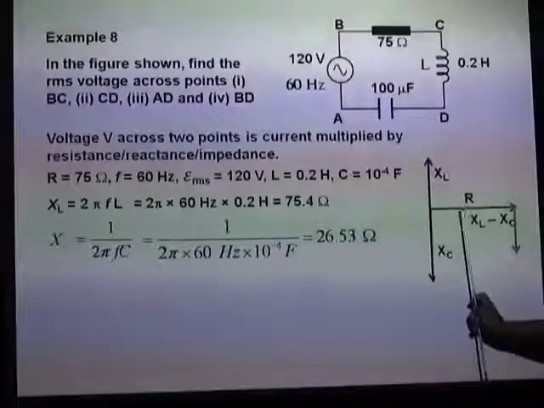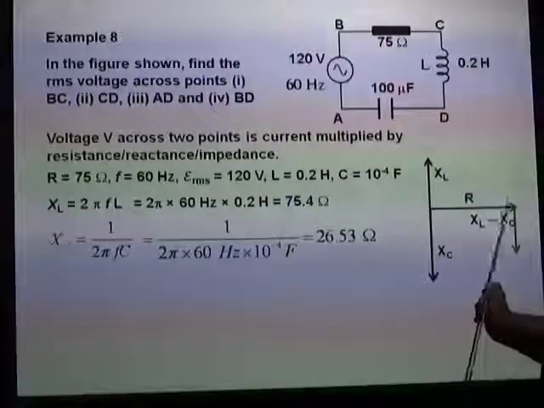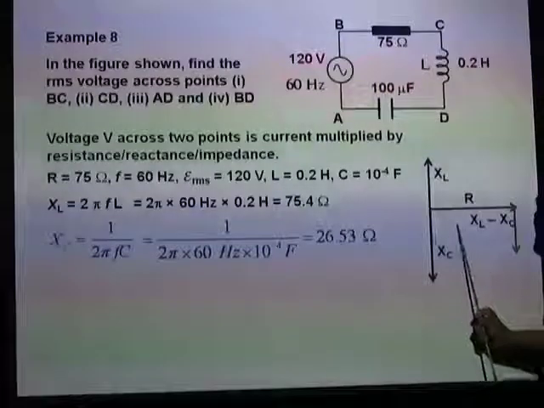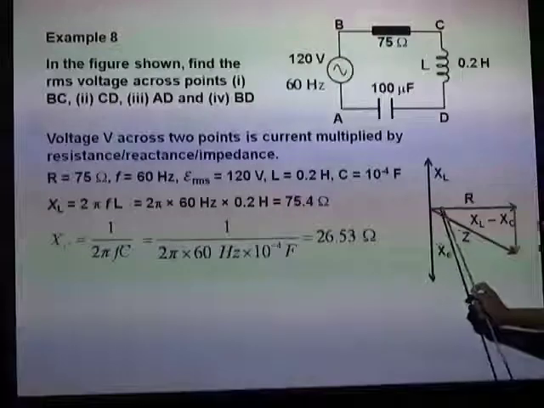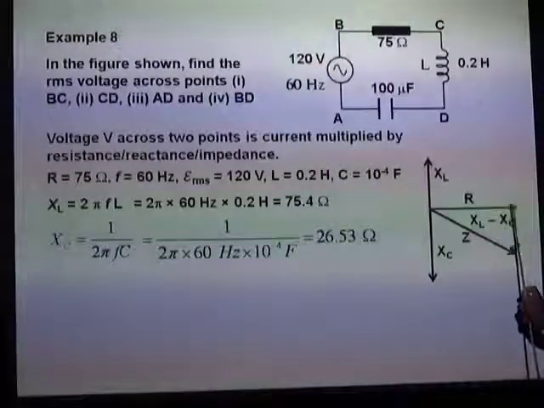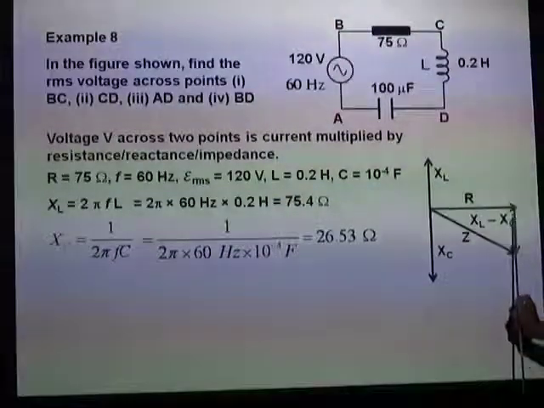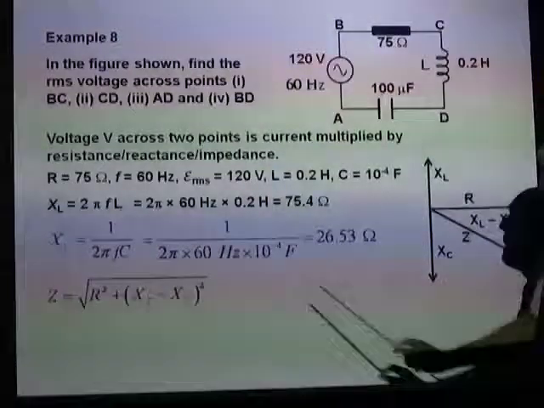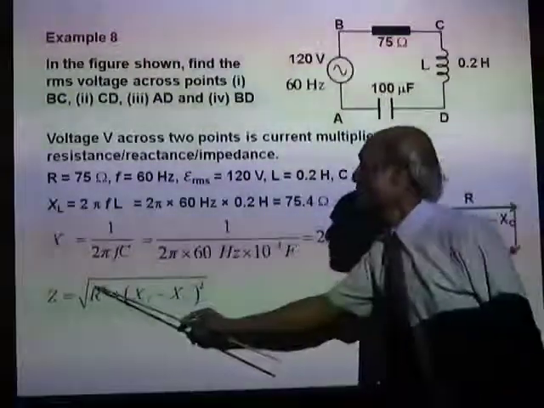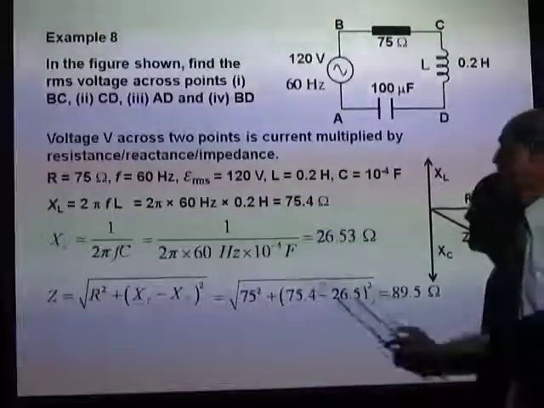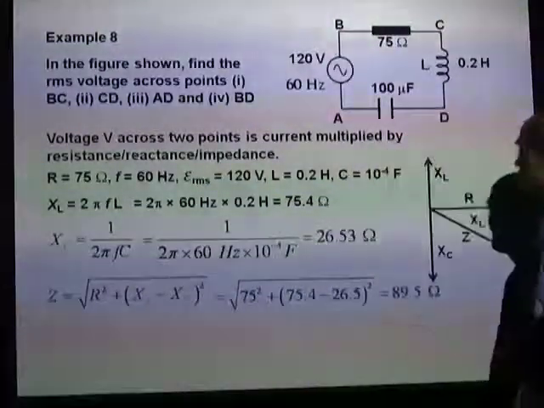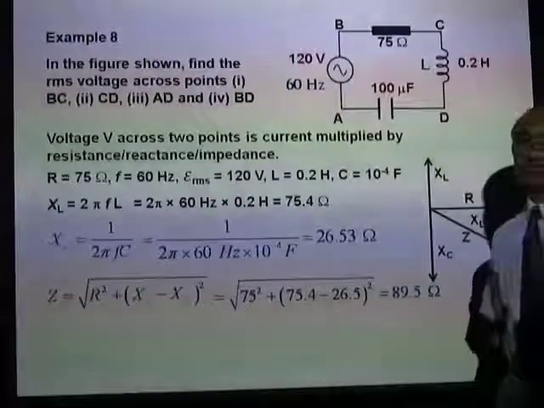XL minus XC, you can now calculate XL minus XC, and the impedance Z will be square root of R squared plus (XL minus XC) squared. There you are. Now, we got all these values, and substituting them, we got the total impedance is 89.5 ohms.